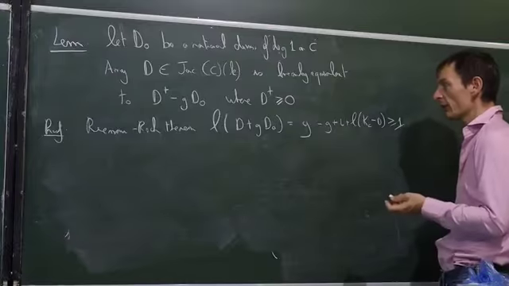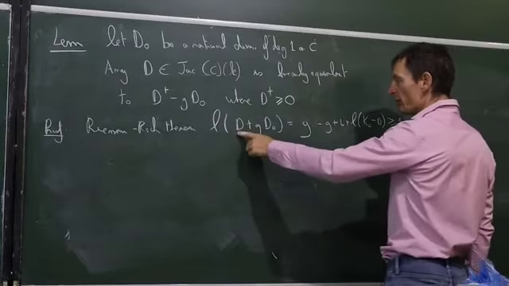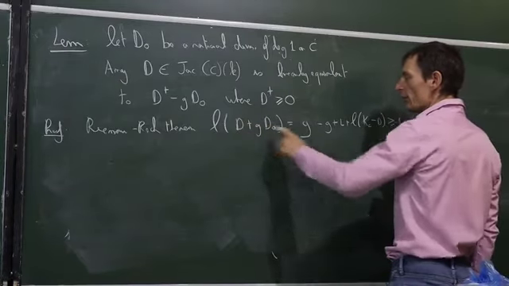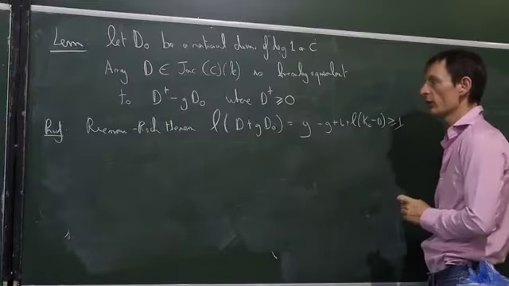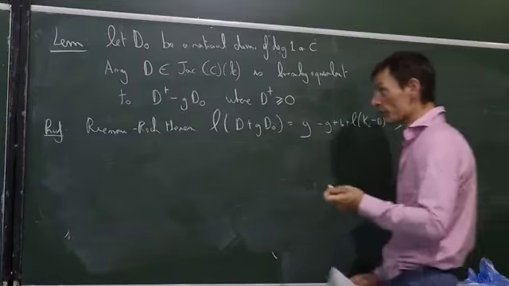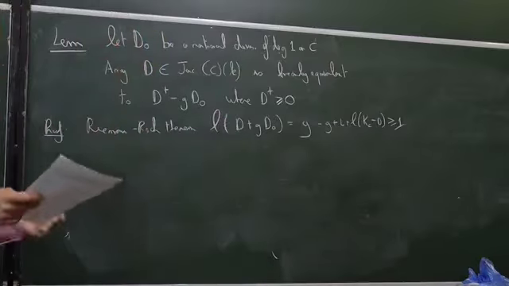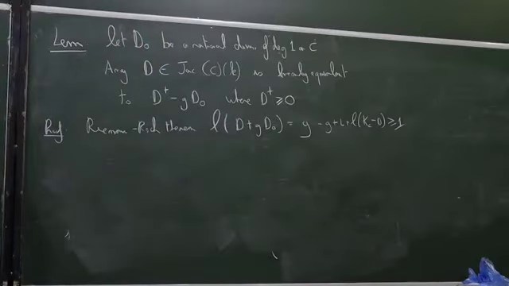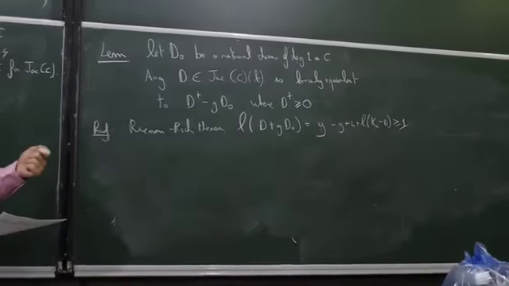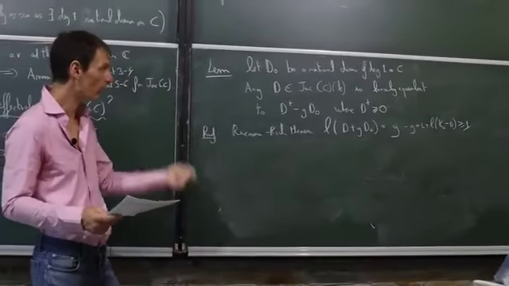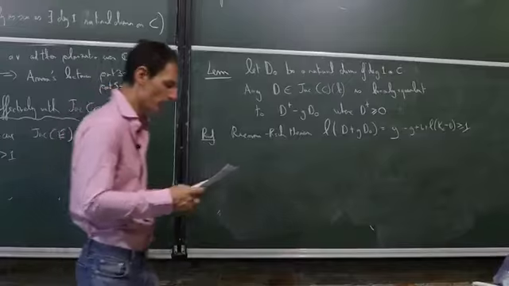And the fact that it is greater or equal to 1 tells you that there is an effective divisor which is linearly equivalent to D plus G D0. So this is great, because now an effective divisor is just a sum of points. Maybe the points are not defined over the field K itself, but at least it's a Galois stable sum of points.